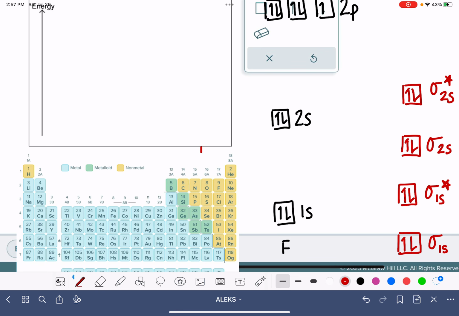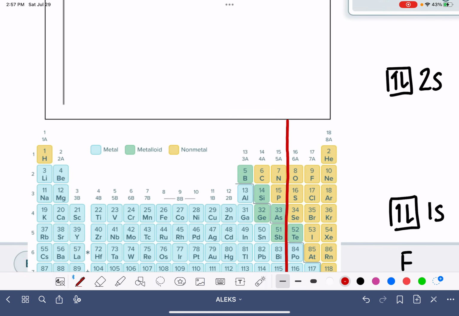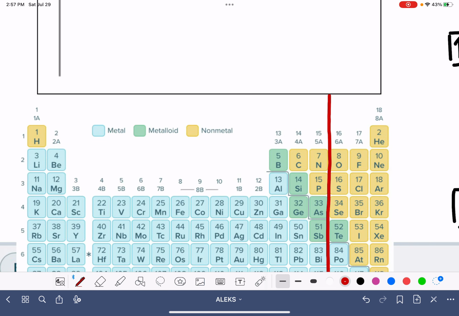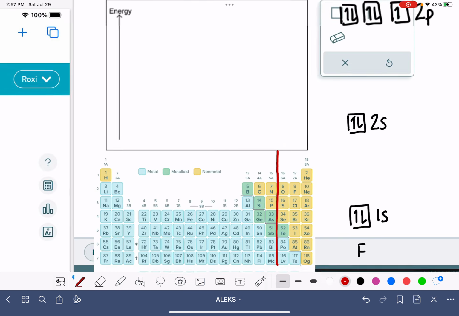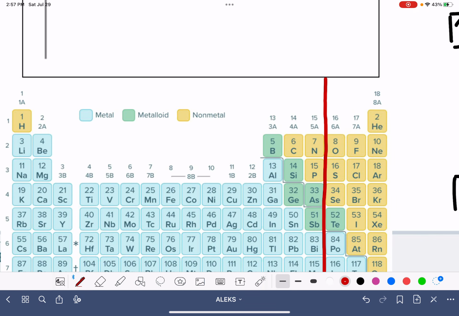So the cutoff line is between 5A and 6A on the periodic table. If you are dealing with an element in 5A or less, which we are, wait, no, we're not. We're dealing with fluorine. If you're dealing with an element in group 5A or lower, then you are going to have an order of pi, sigma, pi star, sigma star.